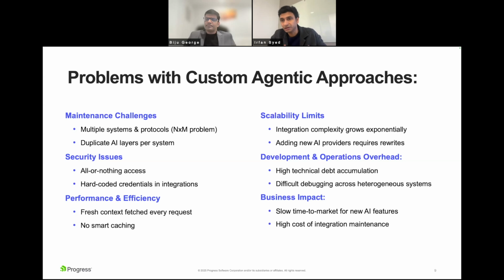The reason is you're trying to build a solution which is basically not a standard, and you're trying to build a standard on top of it. And while you do that, debugging your heterogeneous systems will be very, very hard. Combining all of that, the business impact while you maintain this is much, much higher. It is slow time to market for new AI features, and it's high cost for integration and maintenance.